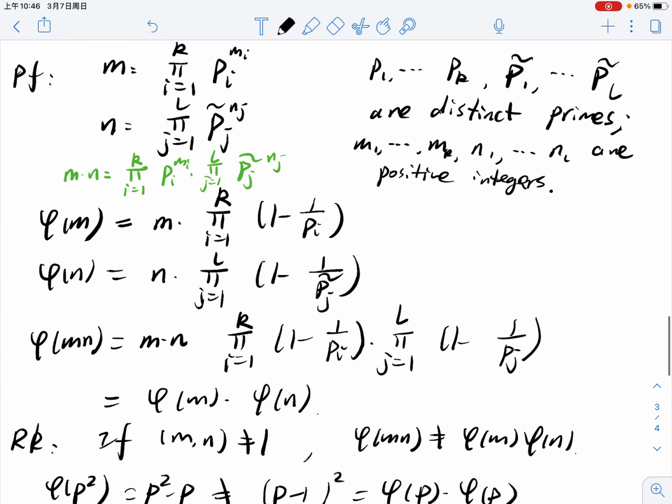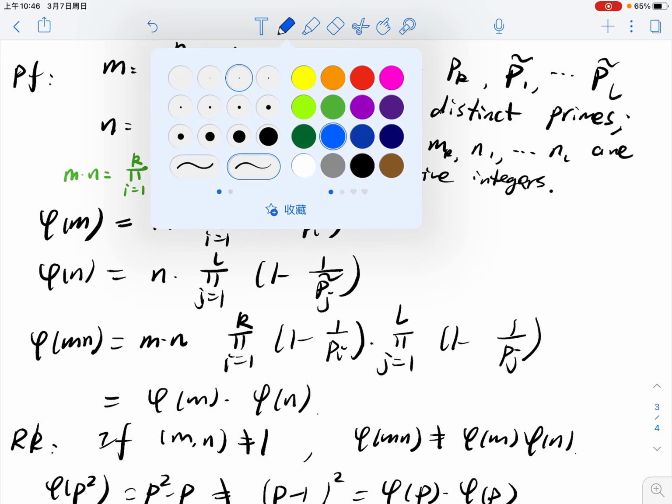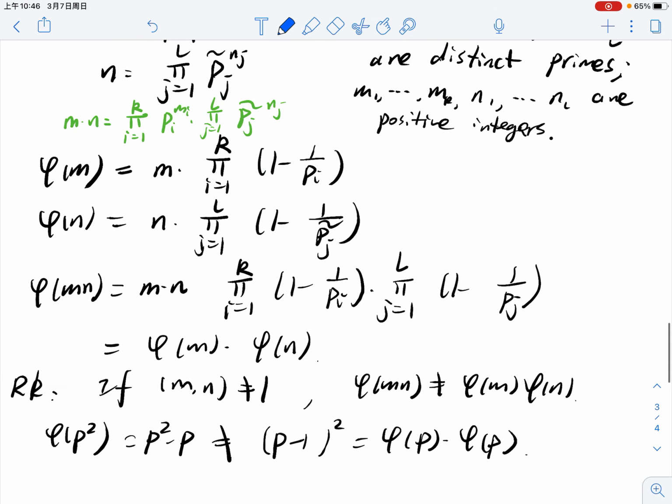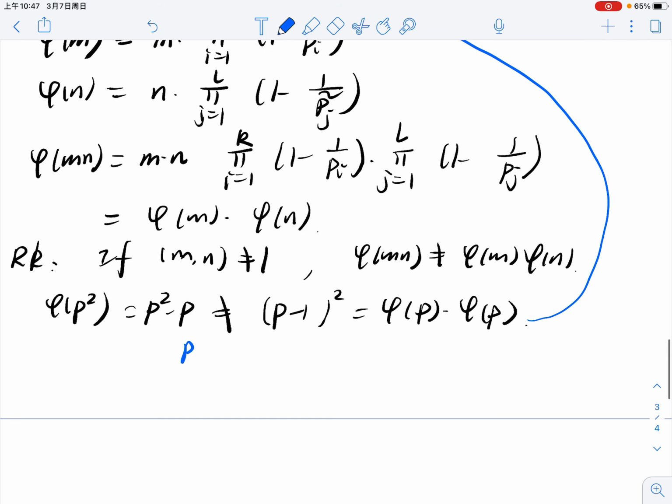This is because if you look back at the proof, if m and n are not relatively prime, then this formula is not in its reduced form.